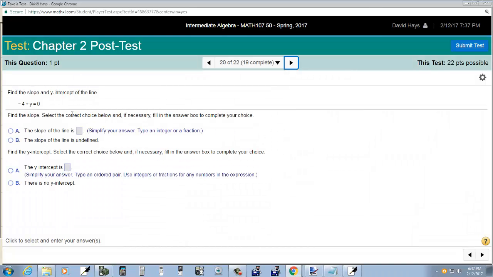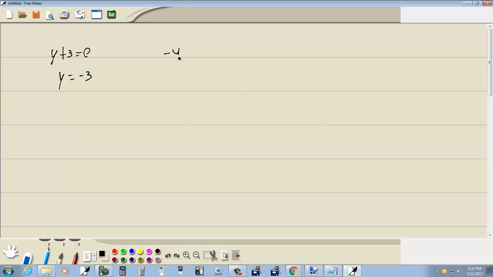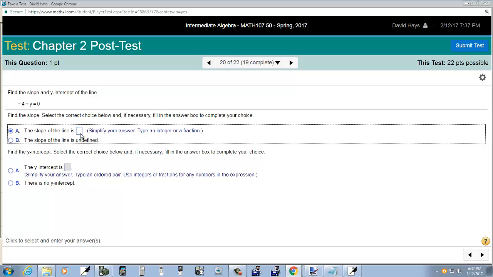Find the slope and y-intercept of the line. Now we've got negative 4 plus y equals 0. If I take the negative 4 over, I get y is equal to 4. This is going to be a horizontal line at 4. Find the slope. When you've got a horizontal line, your slope is 0.